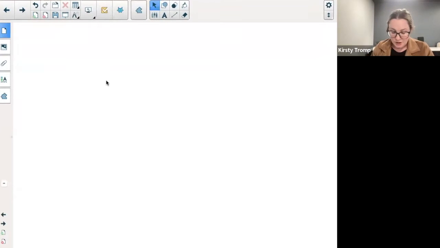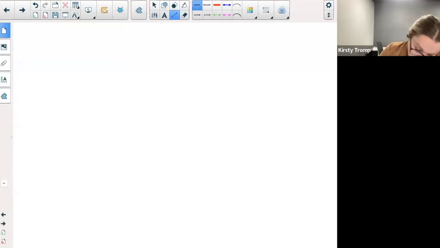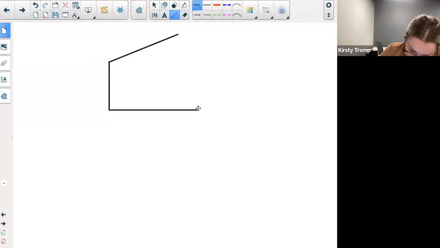When we're having a look at types of quadrilaterals, everybody, there's a nice little table that I like to use. The first type of quadrilateral that I like to draw for myself is just a shape that looks kind of like this.